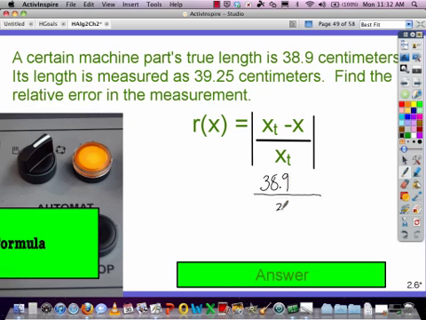And that goes down below as well, you can see. And we want to subtract that from its length that it was measured. Absolute value bars around that whole thing, and that is supposed to give us the relative error.